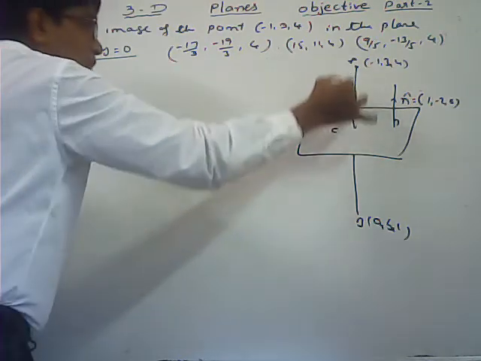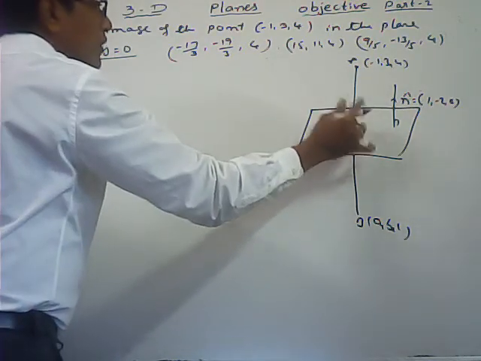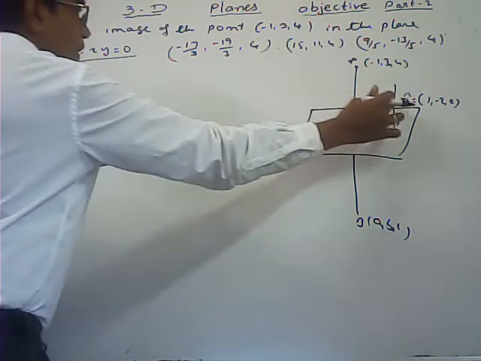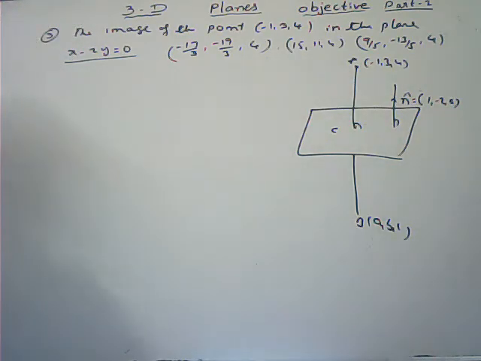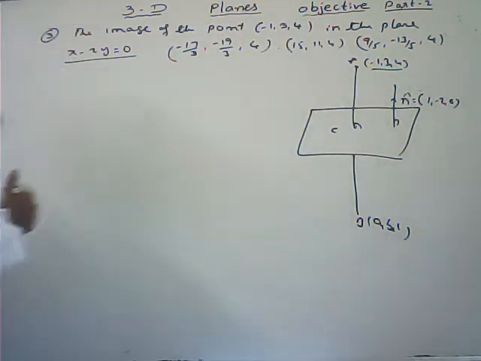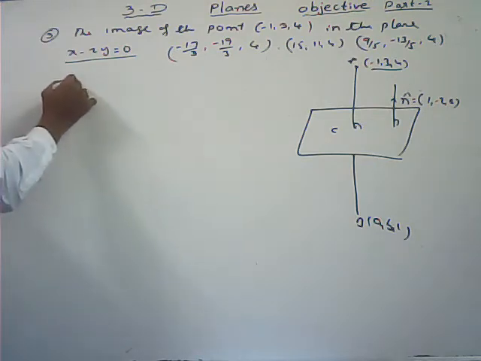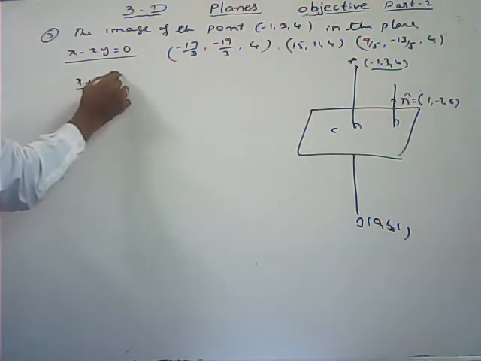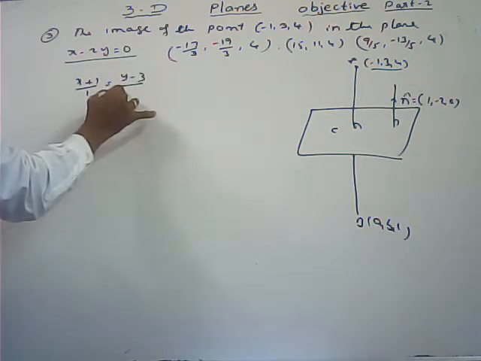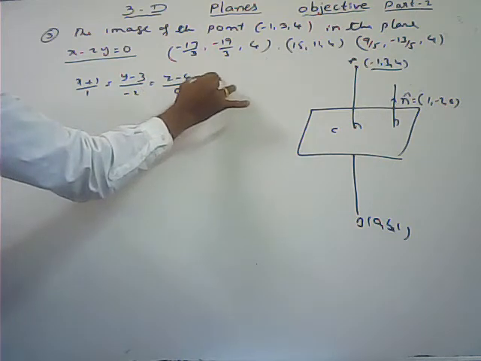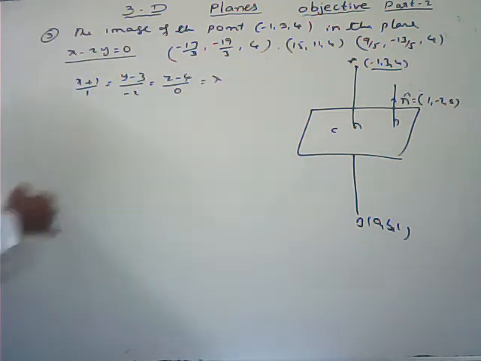So what about the equation of the line? These two are perpendicular to the plane only, so these two are parallel, so their DRs are in the same ratio. So the equation of the line passing through this point and having DRs 1, minus 2, 0 is x minus x1 by a, y minus y1 by b, z minus z1 by c, any point on that line.